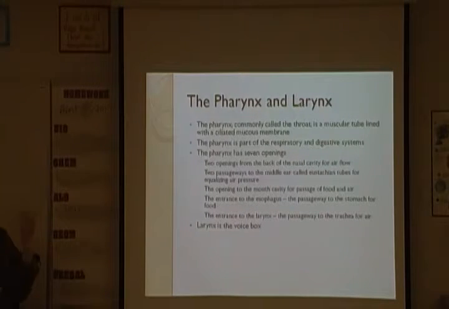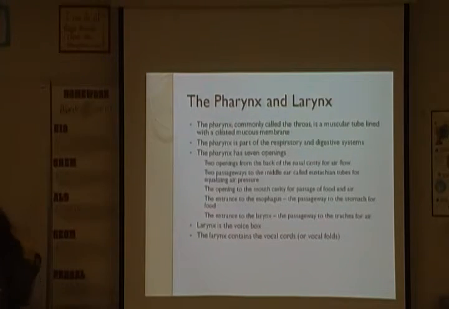All right, so the larynx, which is the next part that air passes through, is your voice box. It's a very short passageway that leads from the pharynx to the trachea. This is where you will find your vocal cords, or actually they're vocal folds.